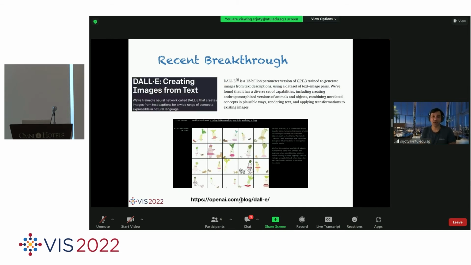Similarly, another one is DALL-E, the first breakthrough in text to image. Now you have been seeing more from Google and other companies that we can generate very realistic images using a text prompt. But it all started with DALL-E, and again, the transformer architecture is one of the main things.